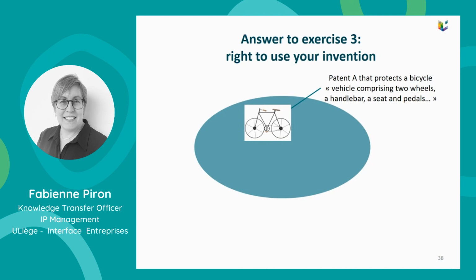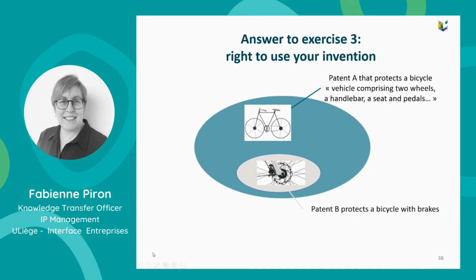And then we have a patent B that protects a bicycle with an additional element, which is a brake. This additional element is considered a very relevant and inventive element. So this patent B is included in the big circle, in the scope of patent A, but with a specific element.